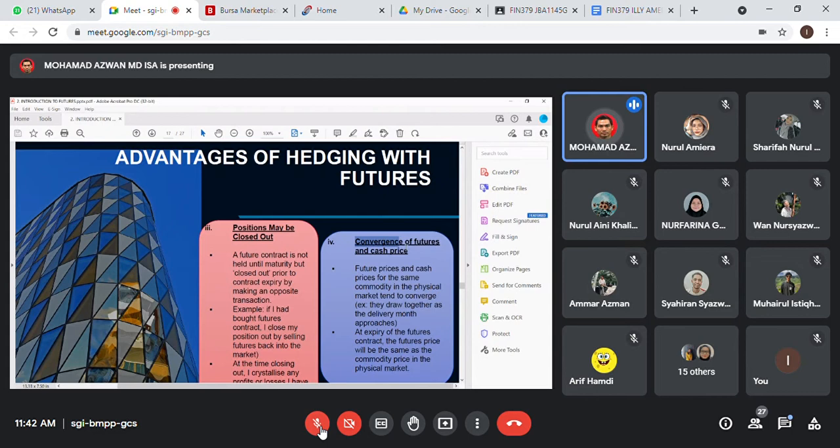Then the convergence of cash market and futures market, which I have explained, where at maturity the price for both markets will come together. Maksudnya futures market will equal cash market. Meaning there is no basis risk at the maturity date of the contract.